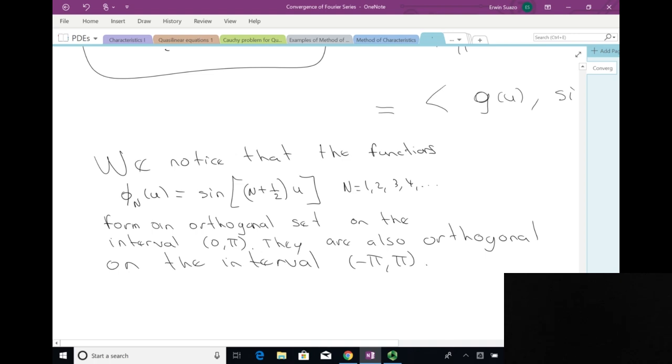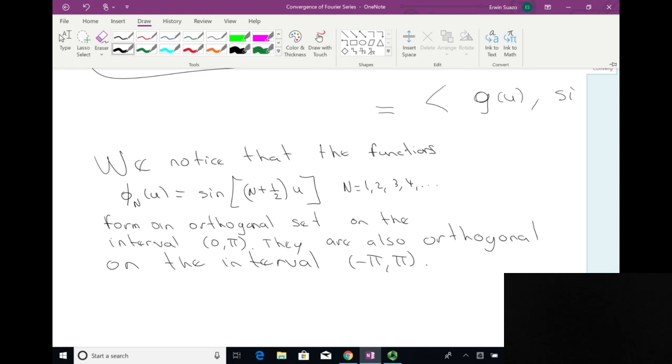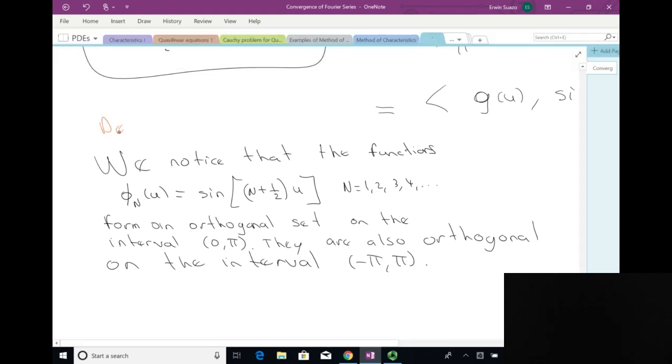Okay, so this is, let's call it detail 3. This is another detail I'm not gonna do, but it's an easy detail, good for homework.